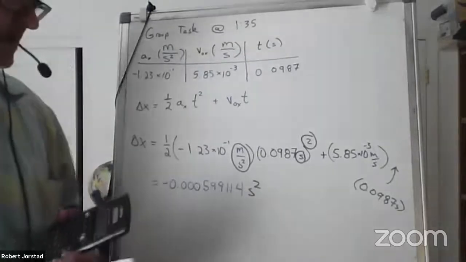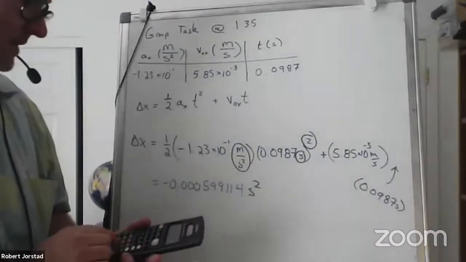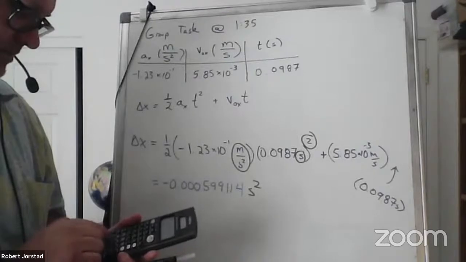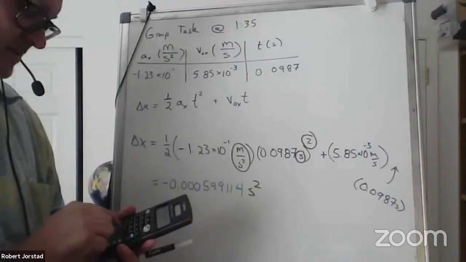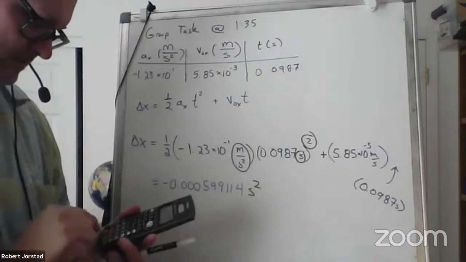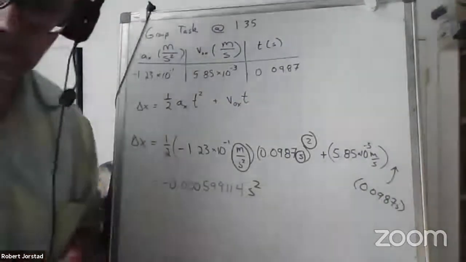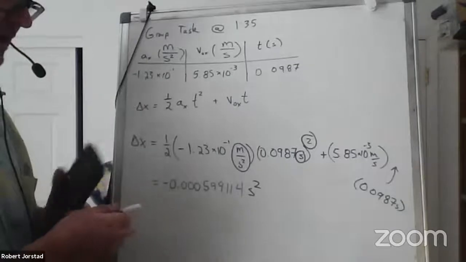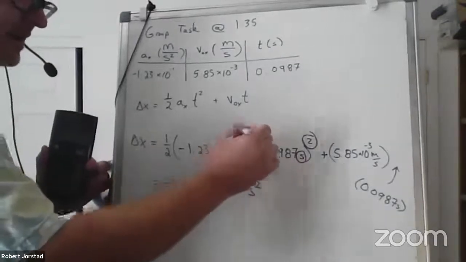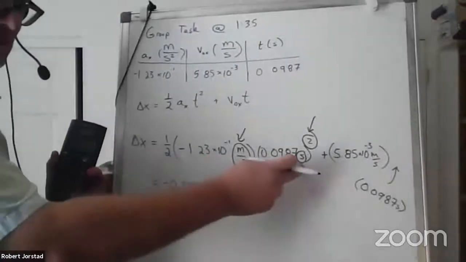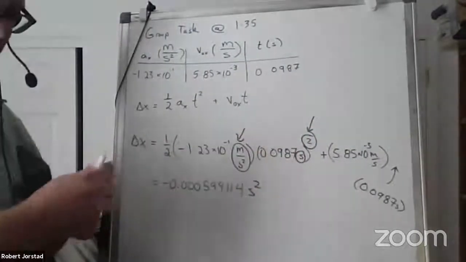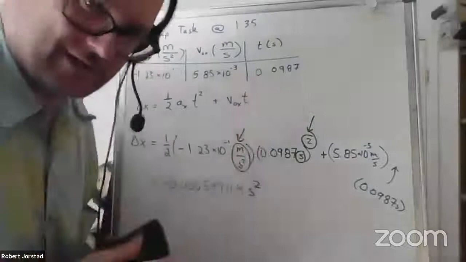All right. I'm going to double check it really quick. Yep, I got the same number two ways. All right, so hopefully we're feeling pretty good there. So again, the units we get are by taking these units times these units squared, because they're in the square. That's one thing I want you to watch out for. Good job.